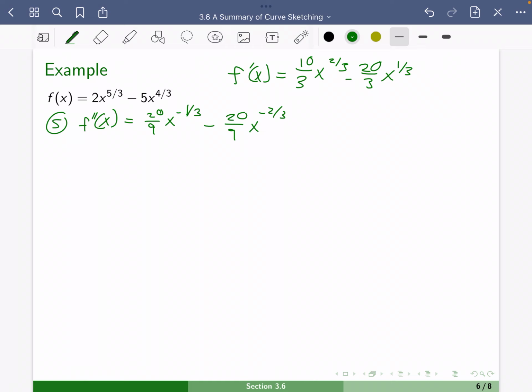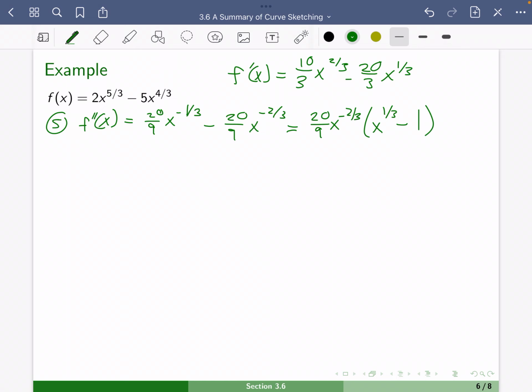We could factor out a 20/9 x to the negative 2/3, and if we do that, we're left with x to the 1/3 minus 1.